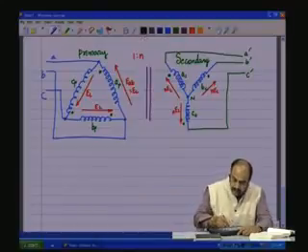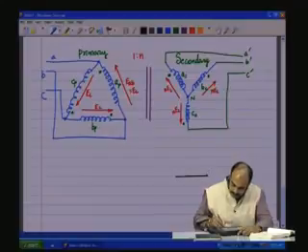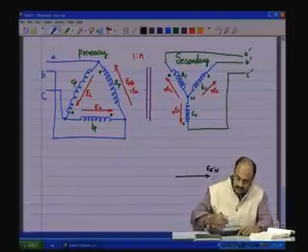So, let us draw the phase voltages of the secondary side, which is E A dash N, let us say that is the reference.